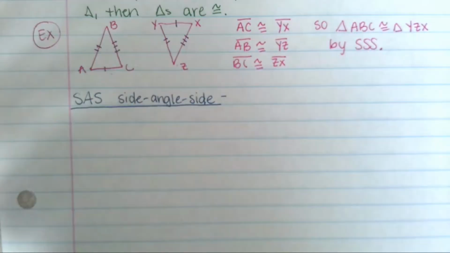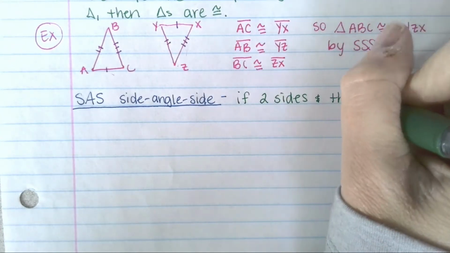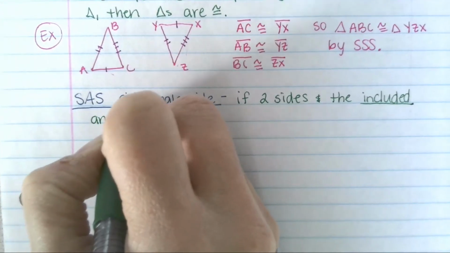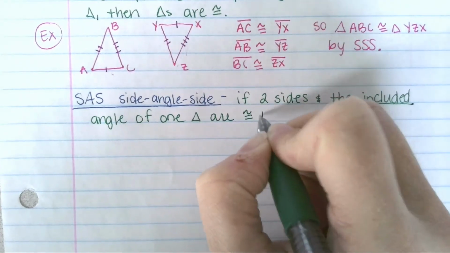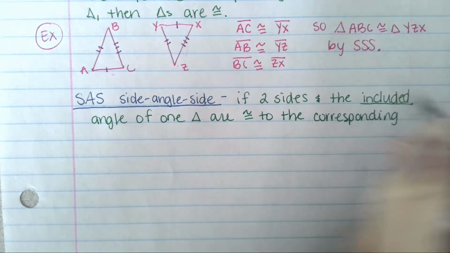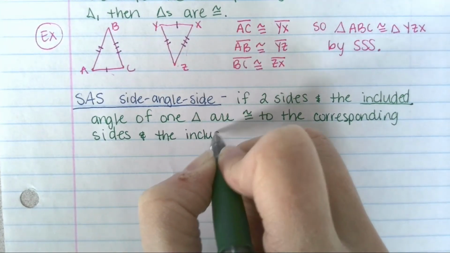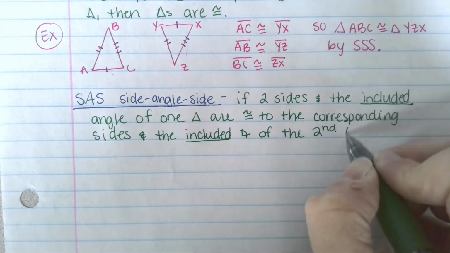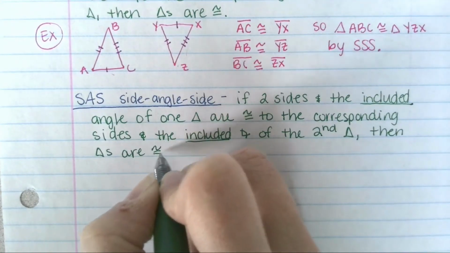And that theorem states that if 2 sides and the included angle of one triangle are congruent to the corresponding sides and their included angle of the second triangle, then the triangles are congruent. So here's what that looks like.